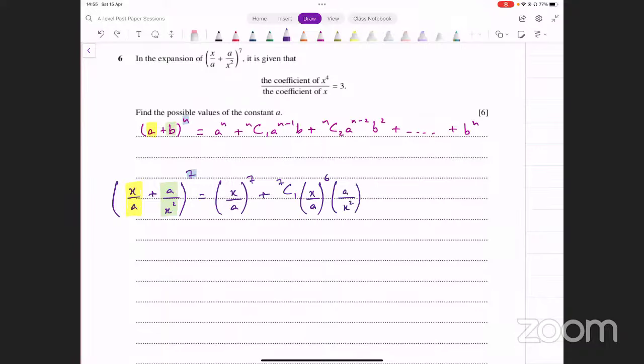Now, at this point, you're going to stop and see what pattern you're getting for the powers of x.